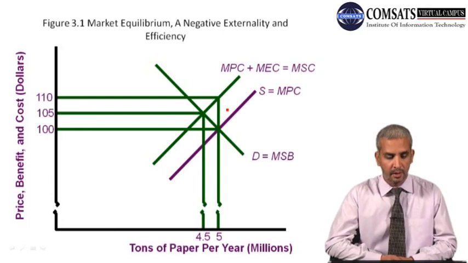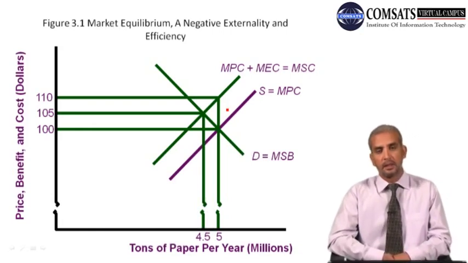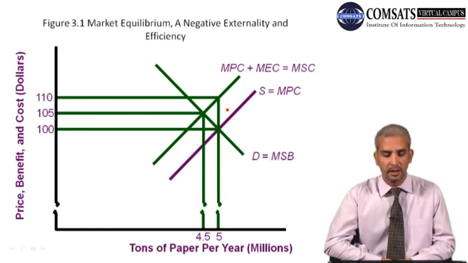So if 5 million tons per year is being produced and the cost is $100, then adding the marginal external cost, the total social cost would be $110.